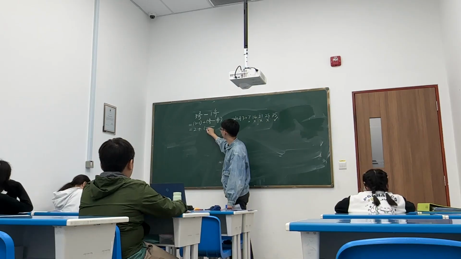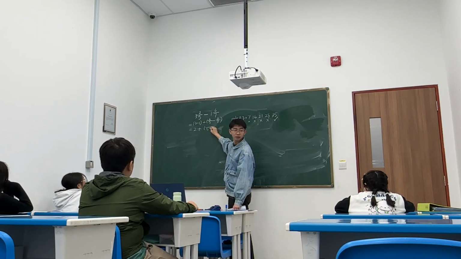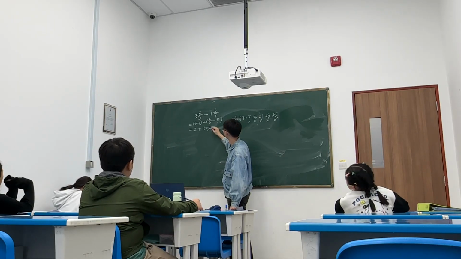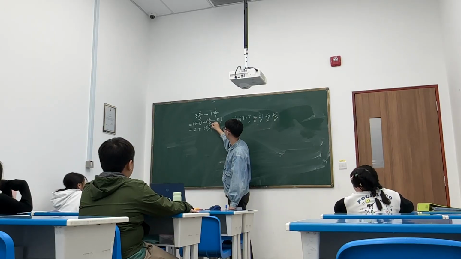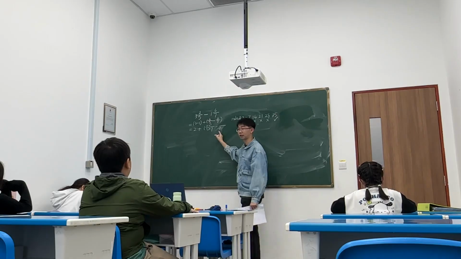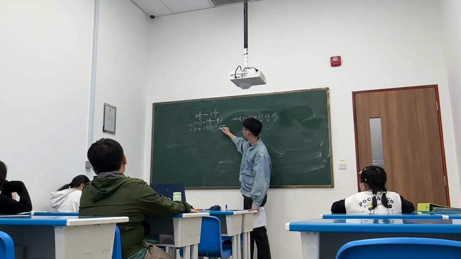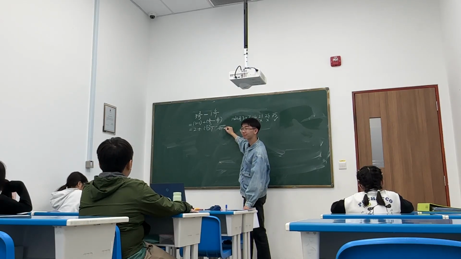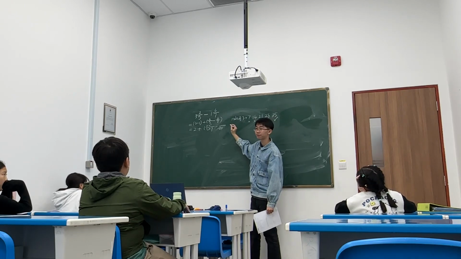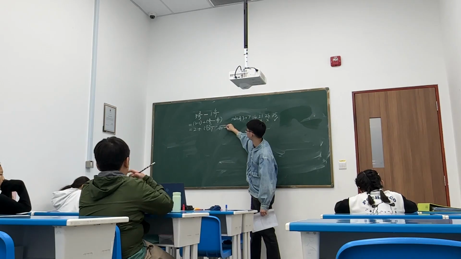So for 5, how do you make it to 35? 5 times 7. So 2 times 7 also. Then minus 6, how do we make it 35? 7 times what equals 35? 7 times 5 equals 35.